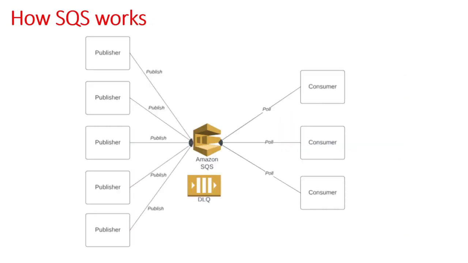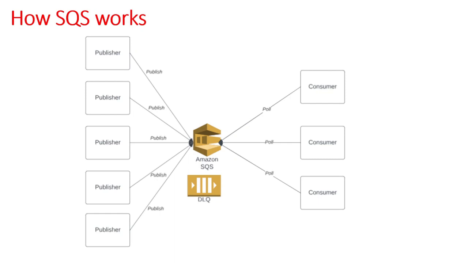Let's also take a quick look at how SQS works. I know I have covered SQS in detail in one of my previous videos, where I covered the dead letter queue, the visibility timeouts, and the delay timeouts. So if you're interested in finding out more, you can watch one of those videos. But essentially, SQS works very similar to SNS, where the difference is that the consumers are polling the SQS to get the messages. So imagine a scenario where multiple publishers are sending messages rapidly to the SQS.